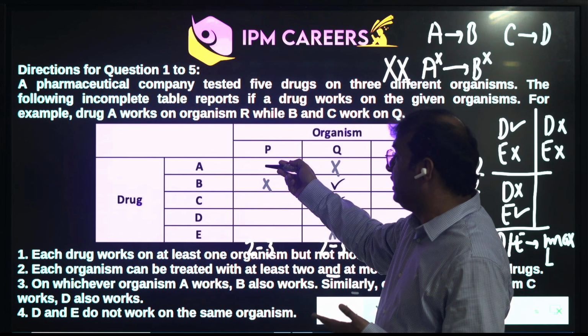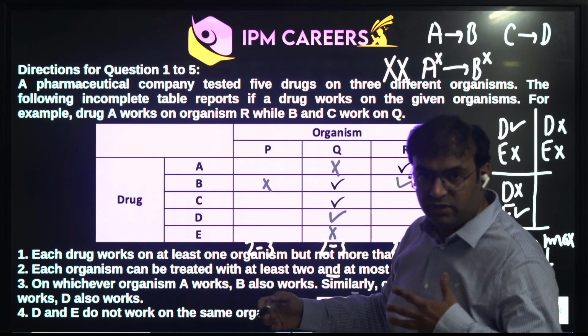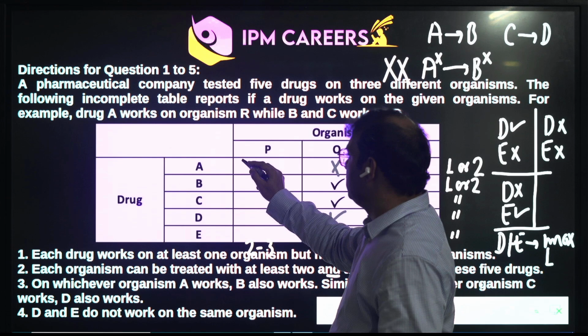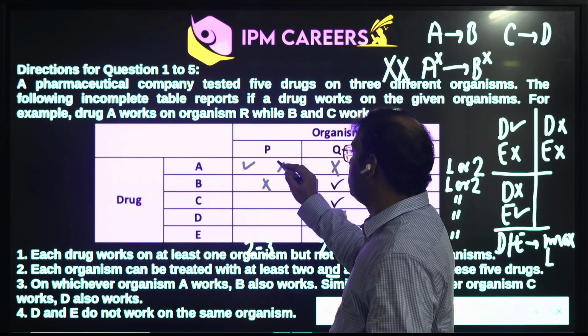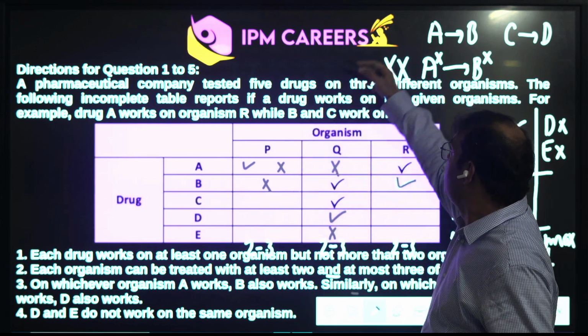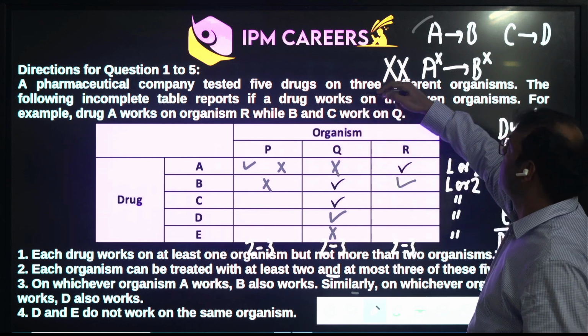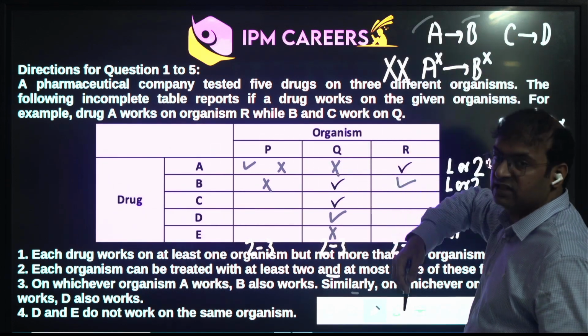So should drug A treat organism P or not? There can be two options: either it treats organism P or it does not treat organism P, right, guys? But remember, we know that if drug A is treating any organism, then drug B should also treat the same organism.